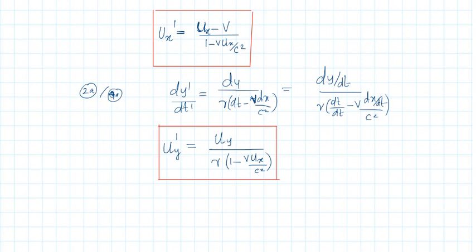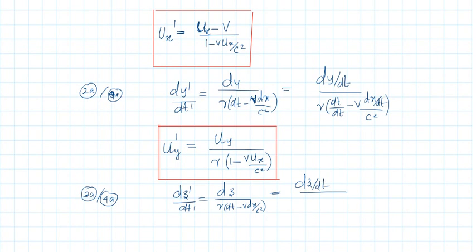Now you can take 3a by 4a. It is dz prime by dt prime is equal to dz divided by gamma dt minus v dx by c square. Again divide numerator and denominator by dt. So you will get this like this: the left hand side is uz prime, the right hand side is uz divided by gamma into 1 minus v ux by c square.